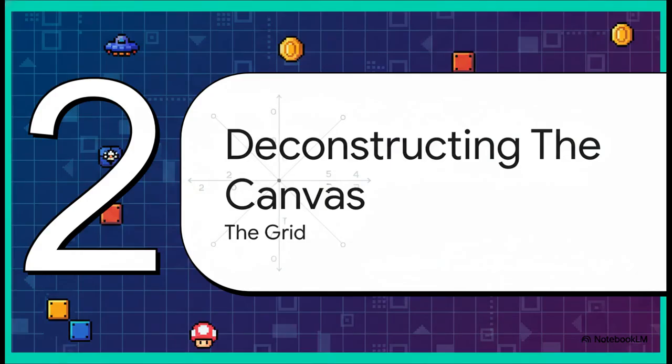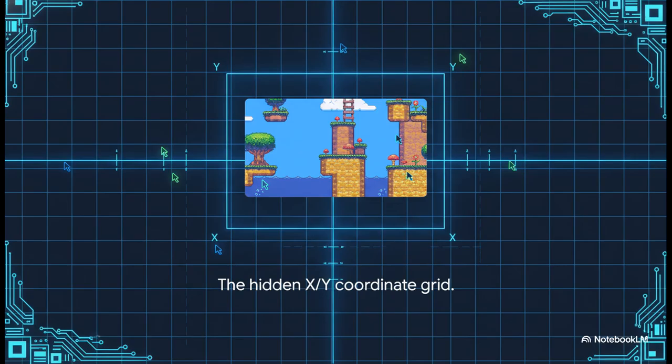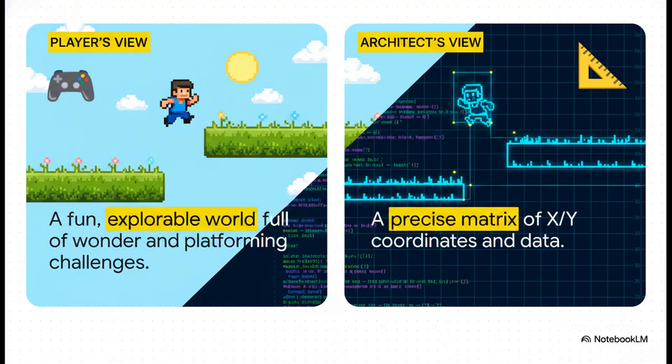Moving on to Section 2, Deconstructing the Canvas. Now, what's really interesting about this is that behind all those organic, fun shapes lies something entirely different. I want you to imagine an invisible, highly precise X and Y coordinate grid totally overlaying this entire environment. Every single block of dirt, every tiny mushroom, the exact starting point of that wooden ladder, they are all pinned to a specific exact coordinate on that hidden grid. This sets up such a stark contrast.